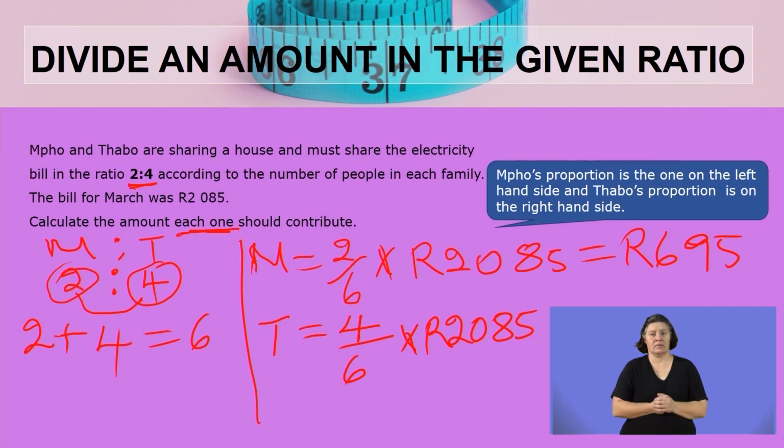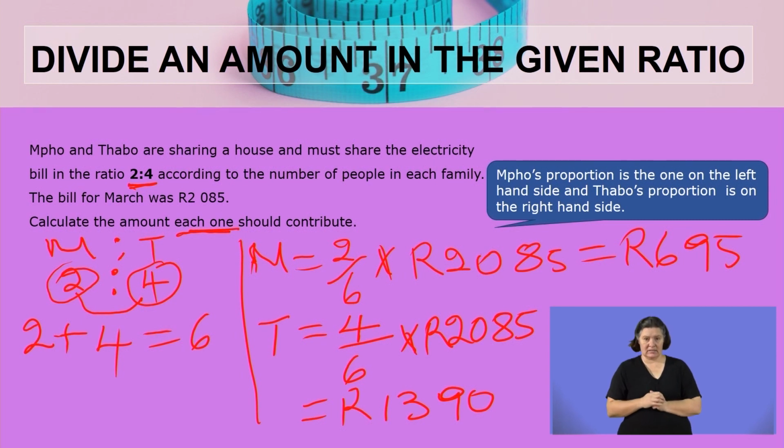We will have 4 divided by 6, we multiply this by 2,085, and then the amount that Thabo should contribute is 1,390 rand.